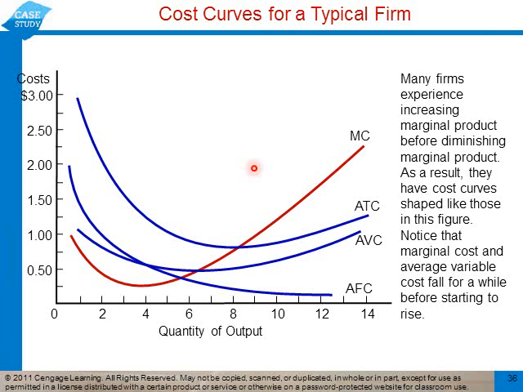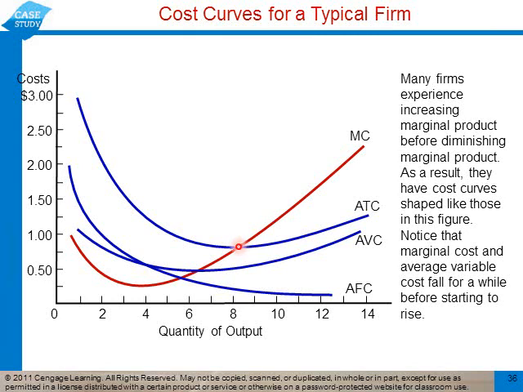You see that average fixed cost goes down. Average variable cost is U-shaped. So the average total cost, the addition of this and this, is once again U-shaped. The marginal cost, once again in this case, is U-shaped. And not only that, but it touches each one of the curves at the lowest point.